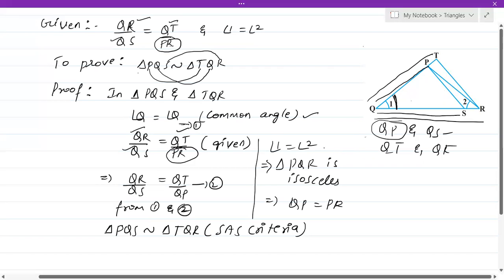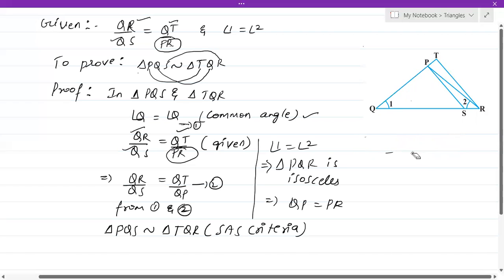So how do we write it as QP? They've also given us another thing, that is angle 1 is equal to angle 2, this angle and this angle. So in this triangle, angle 1 and angle 2 are equal.